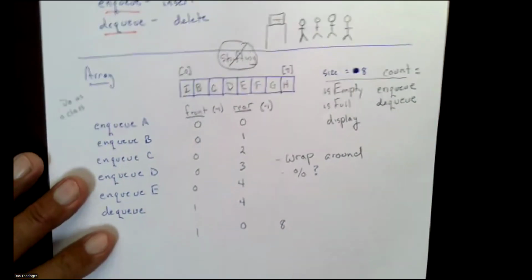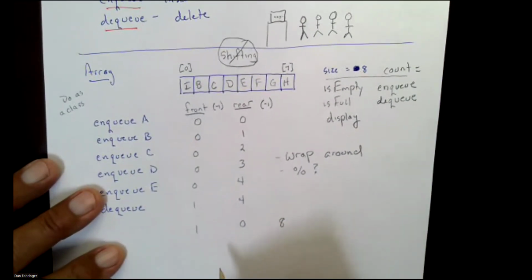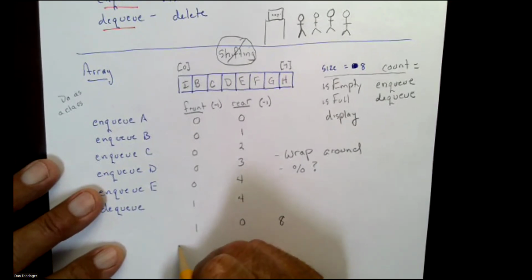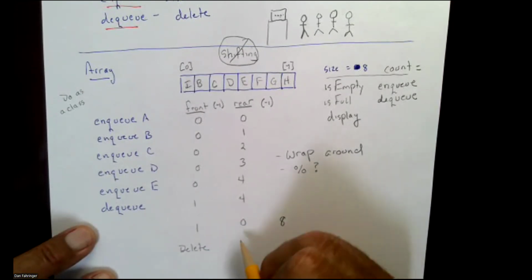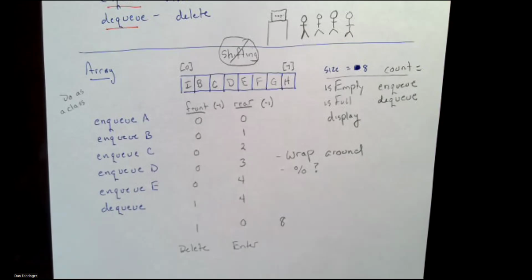I'm going to go back and make some final notes. I'm going to delete from the front, and I'm going to enter in the rear. Ah, they're opposites this time. Delete from the front, enter from the rear.